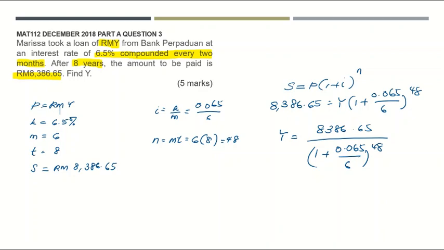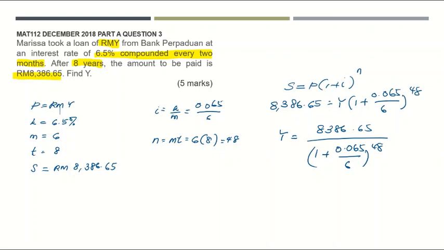This is the amount in the bracket, and the whole thing in the bracket you have to take to the power of 48. Taking it to the power of 48, you get 1.67733. So the denominator here is equal to 1.67733.